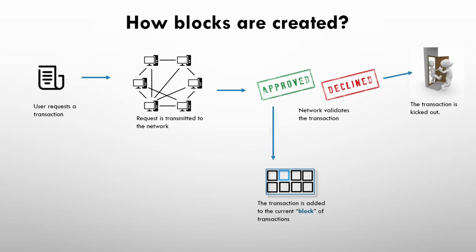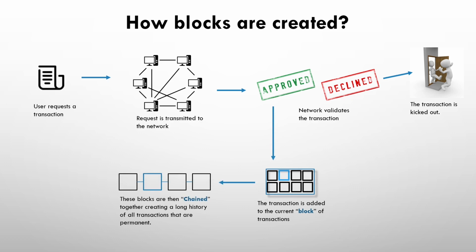The blocks of transactions are then chained to older blocks of transactions. Finally, the transaction is completed and the current block is permanently added to the distributed ledger of transactions. These blocks of records are copied to every participating computer in the network, so everyone will have access to it.